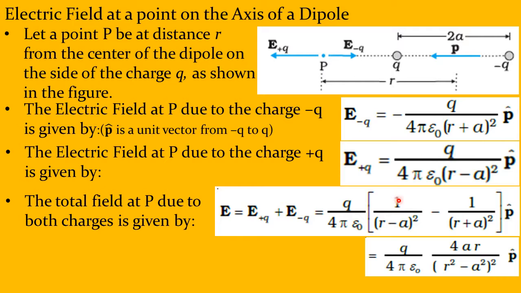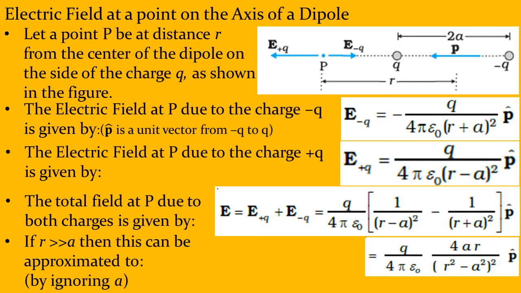And I have here in the bracket 1 by (r minus a) whole square minus 1 by (r plus a) whole square, and the unit vector p hat, which gives the direction to this field. If I simplify what is in the bracket, I will get 4ar by (r square minus a square) whole square, and here is a p hat, that is a unit vector.